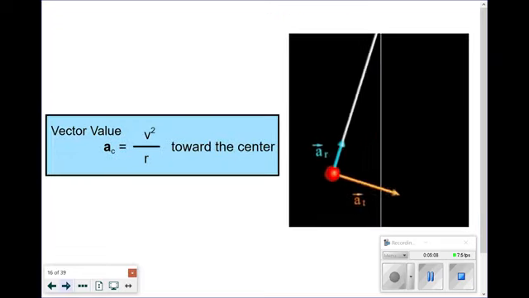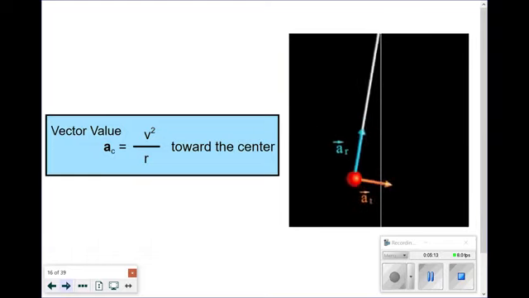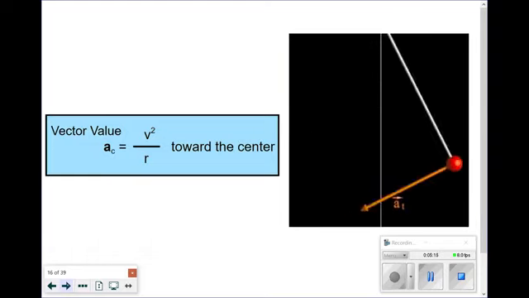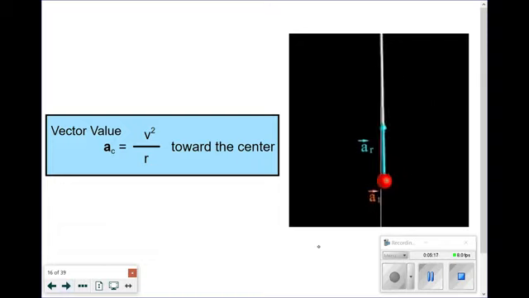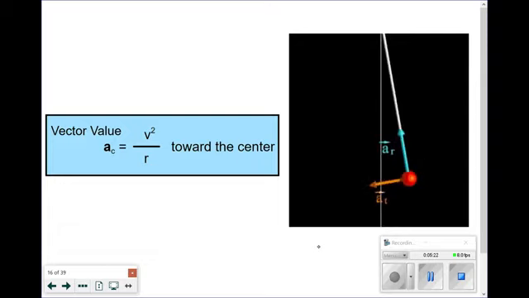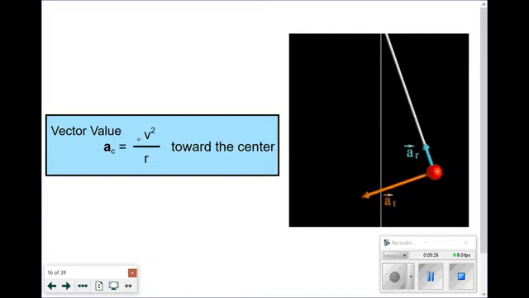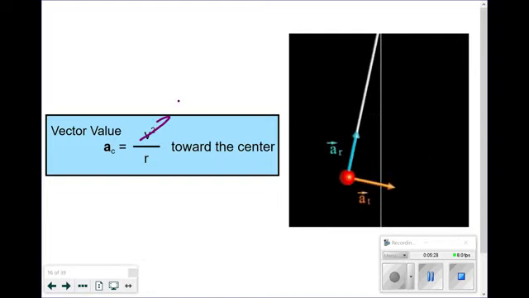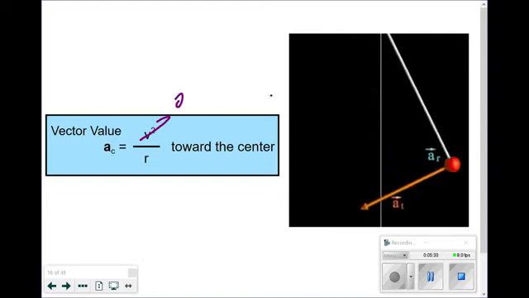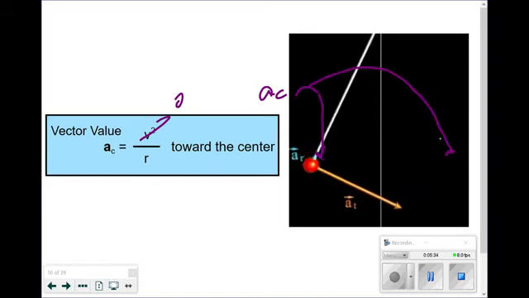Again, since the acceleration depends on the speed squared, it will be greatest at the bottom of the swing where I have the most amount of speed. However, at the amplitudes, the pendulum stops moving. And since it stops moving, the velocity or speed is zero, and so I have no acceleration at the two ends of the motion.